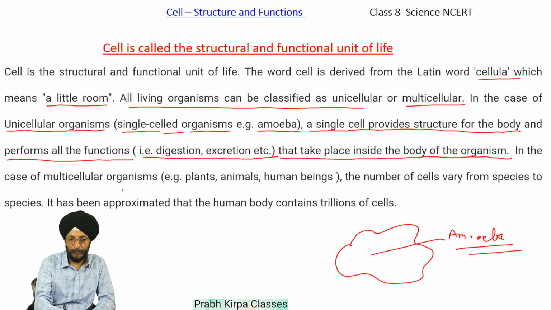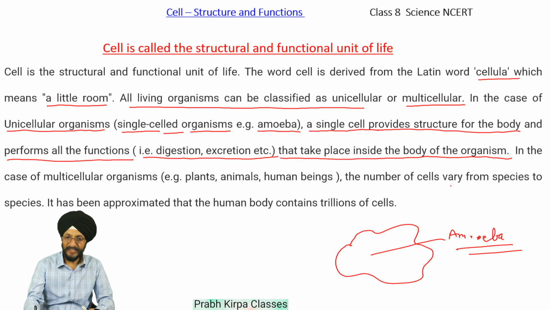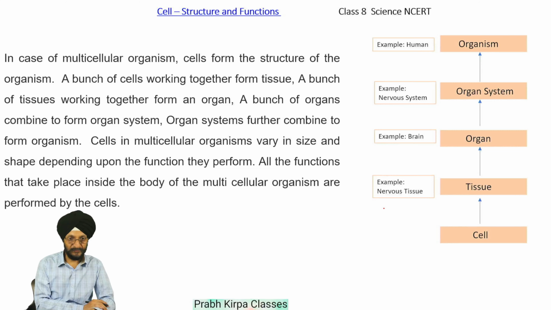But in the case of multicellular organisms, for example, plants, animals, and human beings, there are a large number of cells. The number of cells vary from species to species. It has been approximated that human body contains trillions of cells. In the case of multicellular organisms, cells form the structure of the organism.